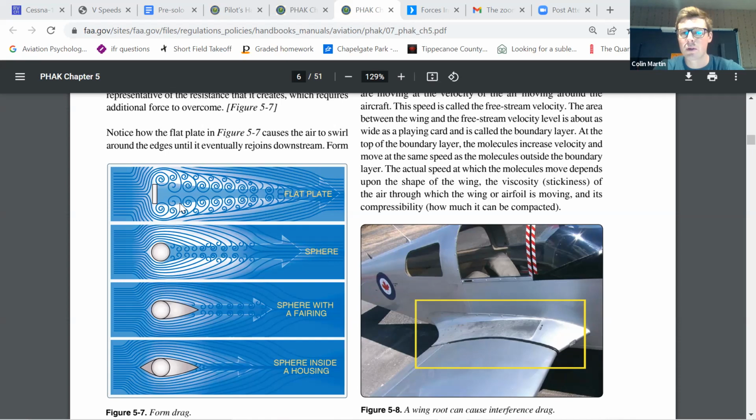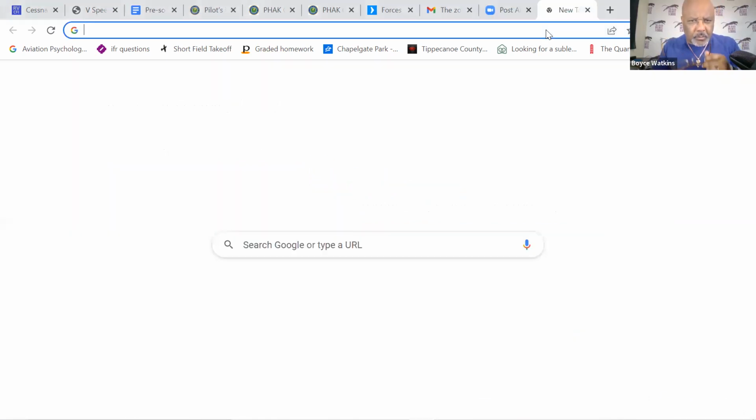Yep. Okay. Or you can look at it in a way where some airplanes, like the airplanes we have, have a wheel, so it looks like this. This is what the wheel would look like flying through the air, creating all these little forms of drag for us to fight. Interesting. Okay.